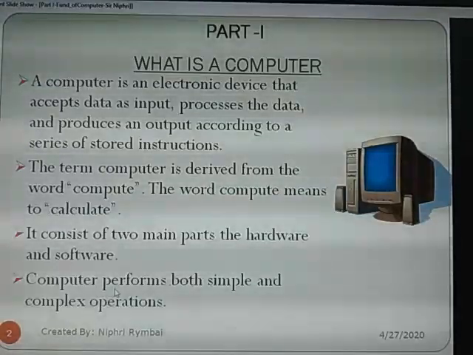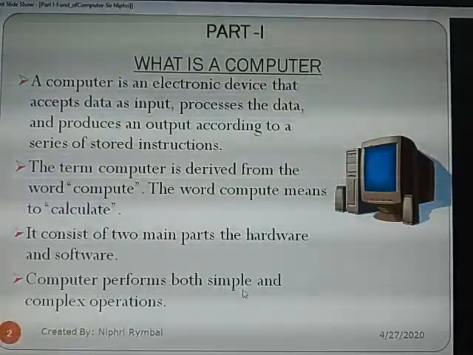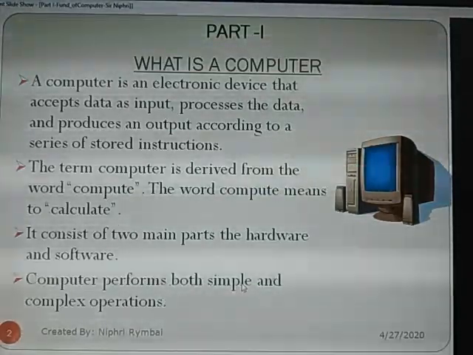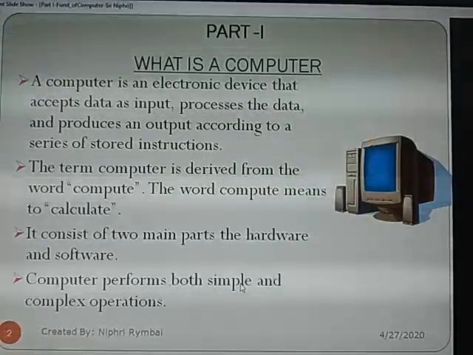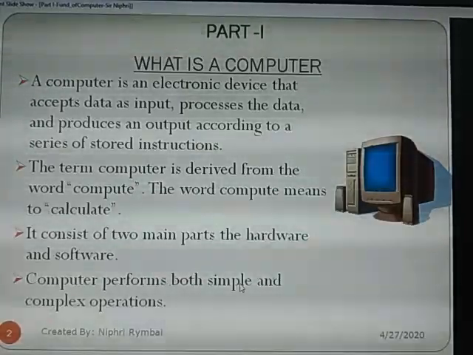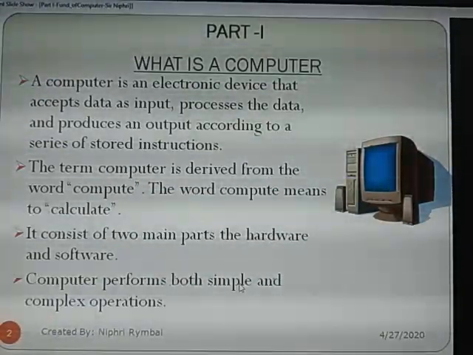A computer can perform simple as well as complex operations. By simple, it means it can perform calculations like addition and subtraction, or even simply when we save or open files to and from the computer.